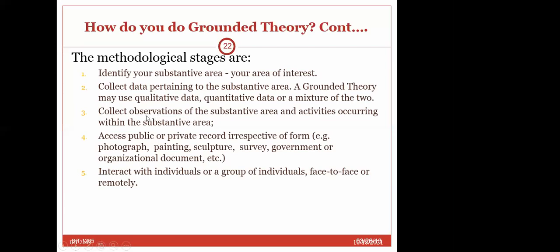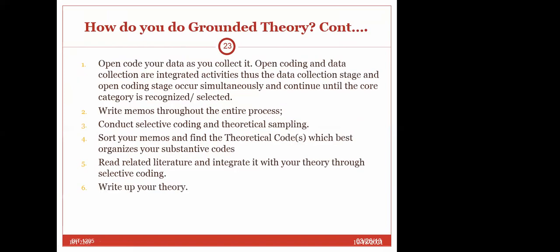So you collect observation of the area, much the same, and then the kind of data you have, you may need access to private or public records, irrespective of the form. So still the data may be pictures, paints, surveys. You collect data and you interact with individuals or groups of individuals face-to-face or remotely. All this is as you collect data.